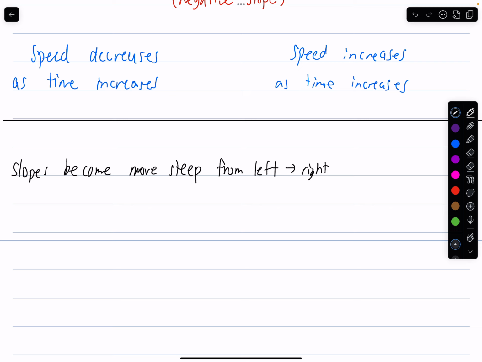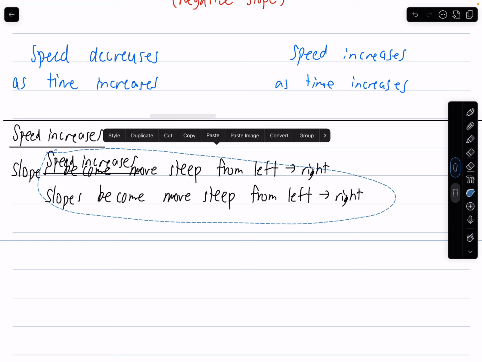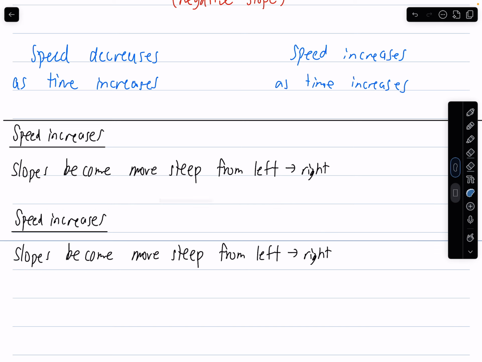So I'll just write it here. Speed increases if the slopes become more steep from left to right. And then in the same respect, I will also write here: speed decreases as the slopes become less steep from left to right.